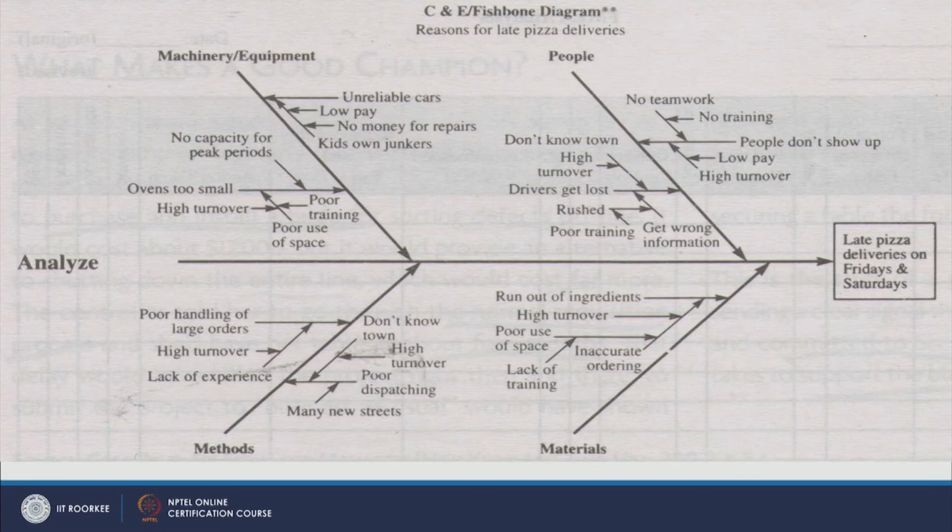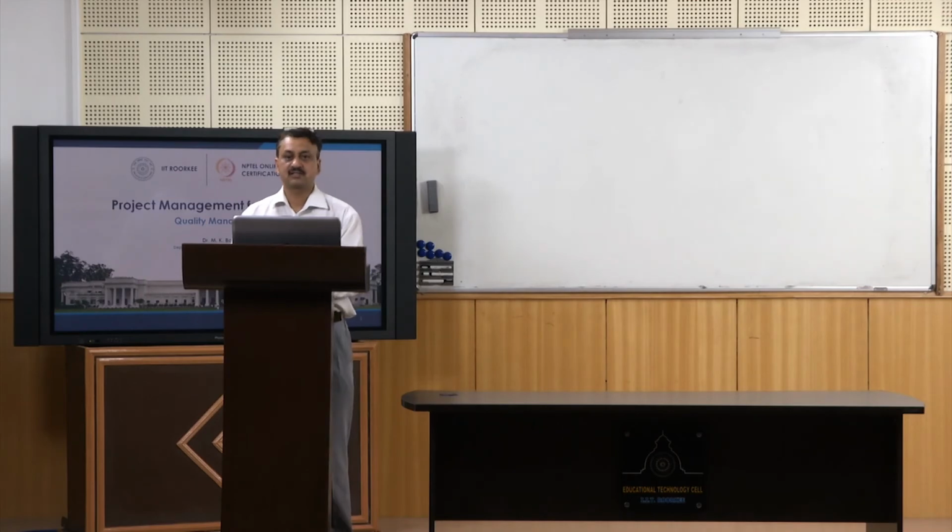Then we have already discussed this. In the analyze phase, what do you do? You analyze what the reasons for the problem are, isn't it? So, this is nothing but a cause and effect diagram. Let us say late pizza deliveries on Fridays and Saturdays. Now, you are trying to find out what the reasons for late pizza deliveries are, right. Let us say people. People do not show up, so that is why you are not able to deliver pizza in time.